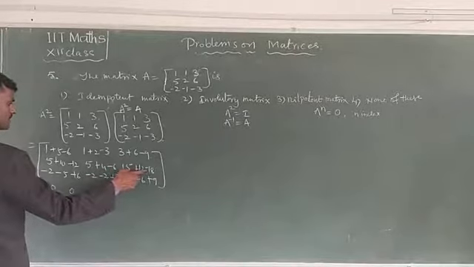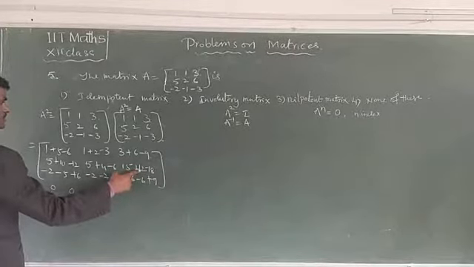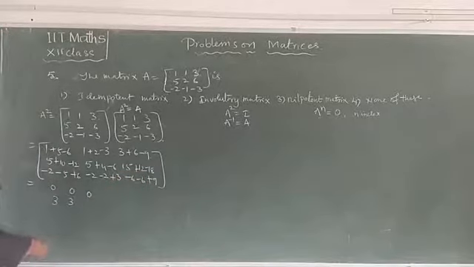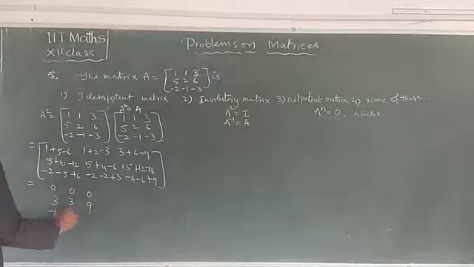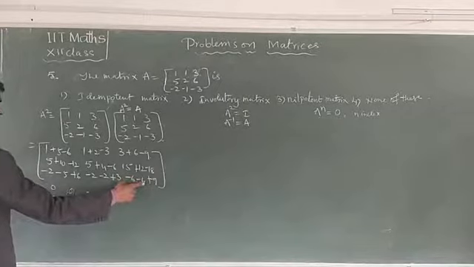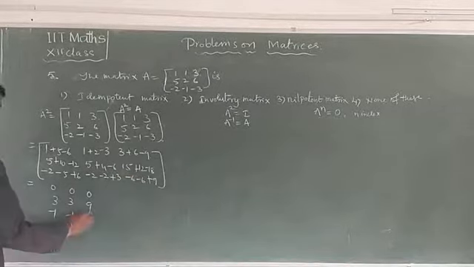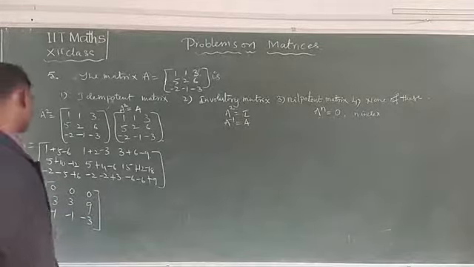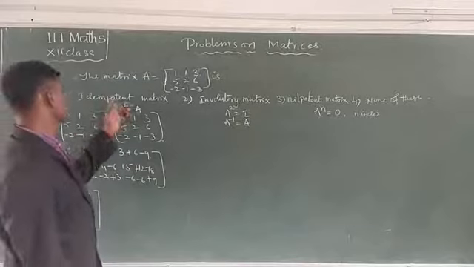Here this is 27 minus 3 plus 12 is equal to 9, 27 minus 18, 9 and this is 7 minus 1 and 4 means minus 1 and this is 12 minus, here 3 minus 3. This is A square.